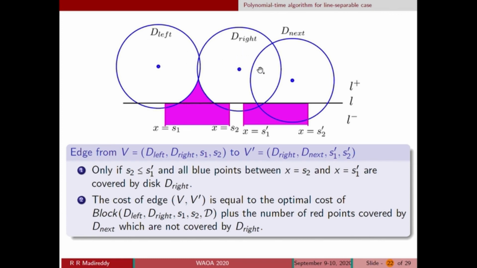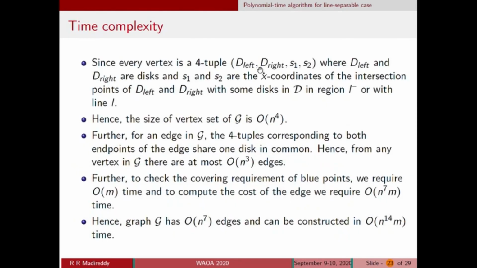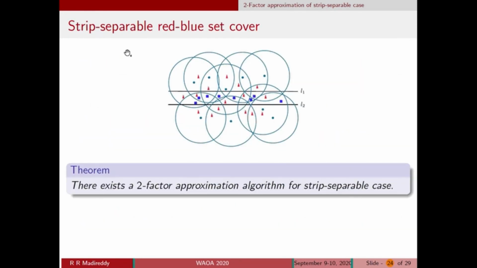Now we move to the strip separable case. We can see this strip separable case as running two sweep lines parallelly with the same speed.